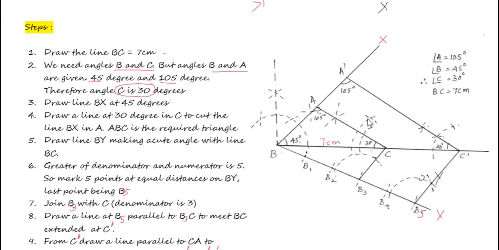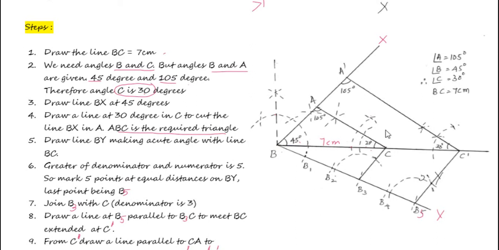First draw an arc with the same radius. From here you cut. If you join this, this is 60 degrees. Now from these 2 points cut 2 arcs of the same length and join C and this point, that is 30 degrees. Extend that line to cut BX at A. Now you have the triangle ABC. You got the required triangle.